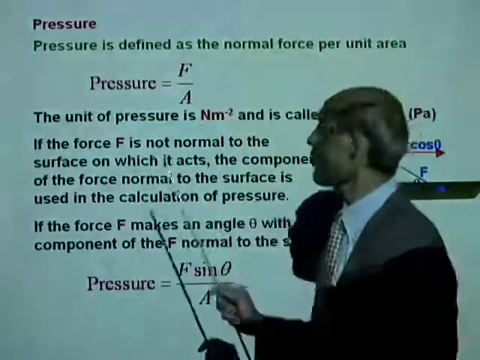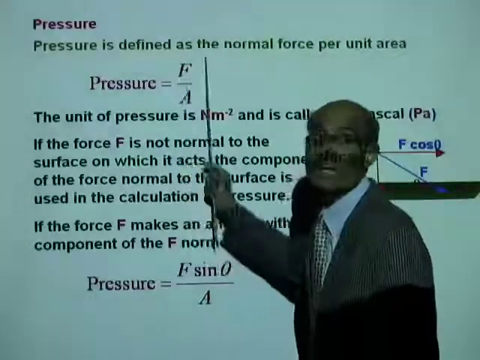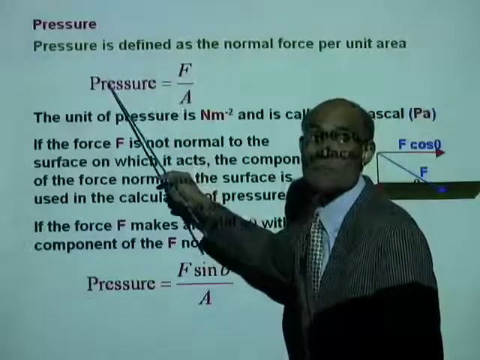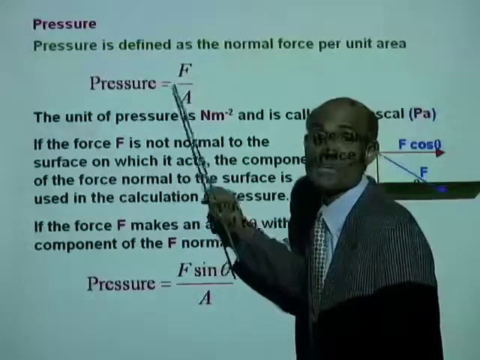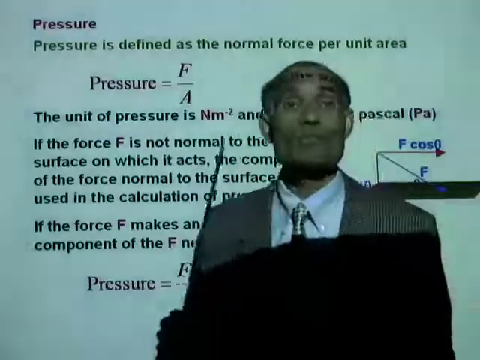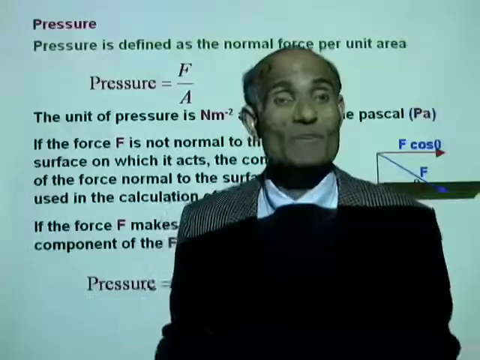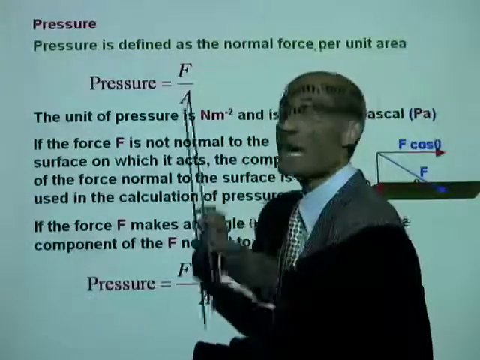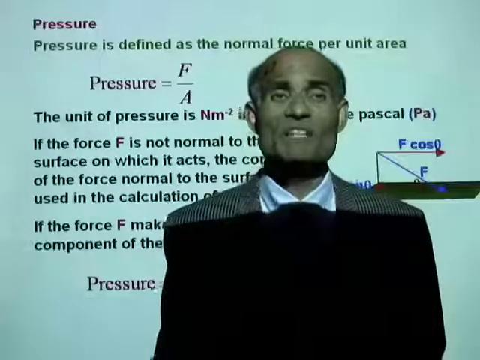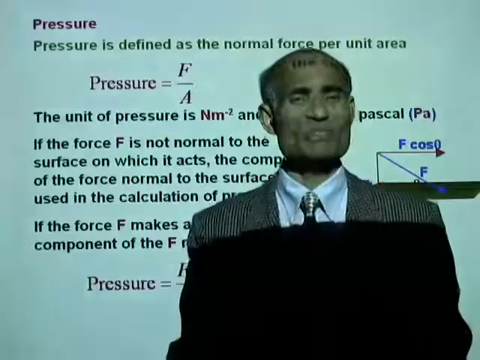So if I now want to calculate the total force on a given area, all I need to do is multiply the pressure with the area. Pressure multiplied by the area will give you a measure of the total force on a given surface of area A, and the total force acting on a surface is very often referred to as the thrust on that surface.